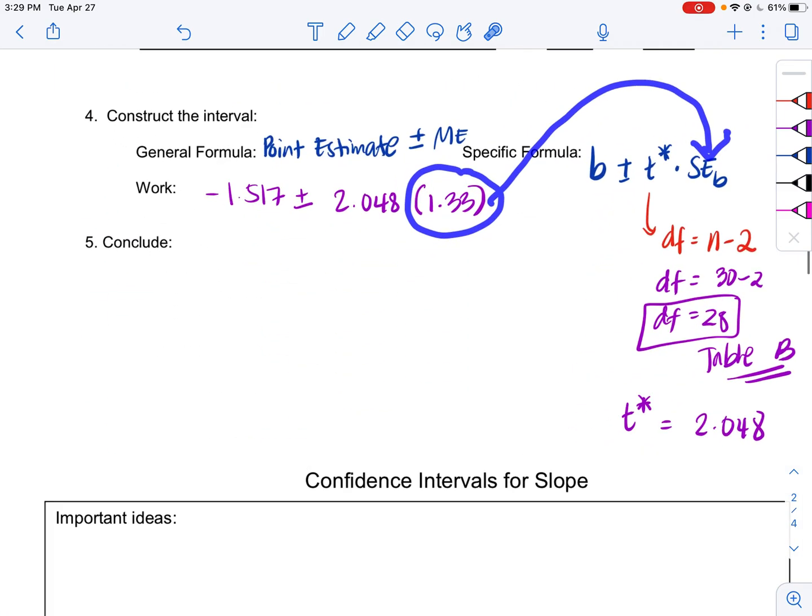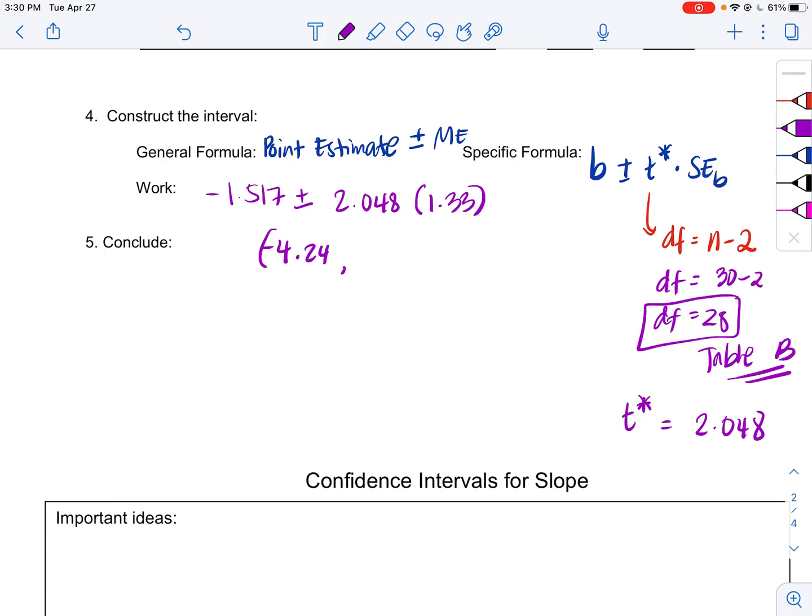Okay, moving on. Let's solve these. What does this give us? This is negative 4.24, comma, I'll just do a shortcut, 1.21. Okay, so that's it, you guys. And to make a conclusion, same thing.